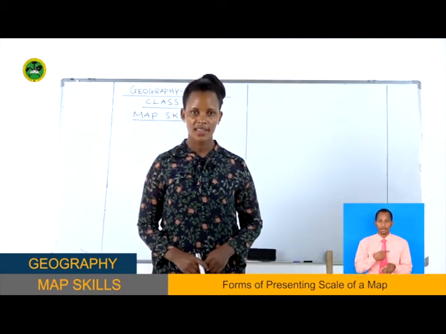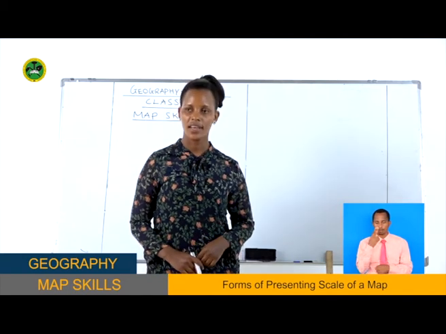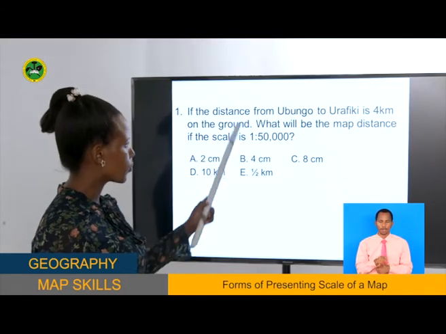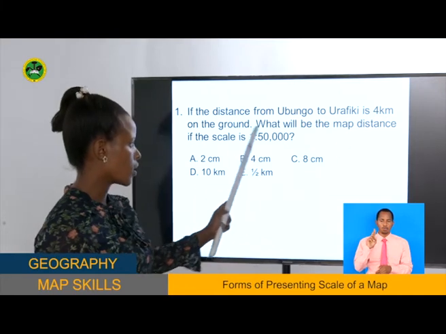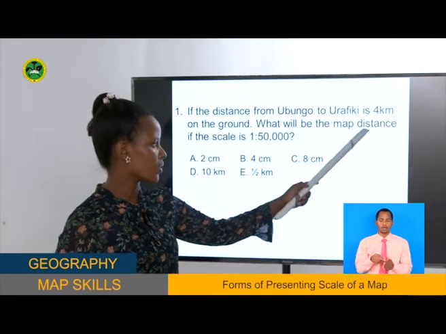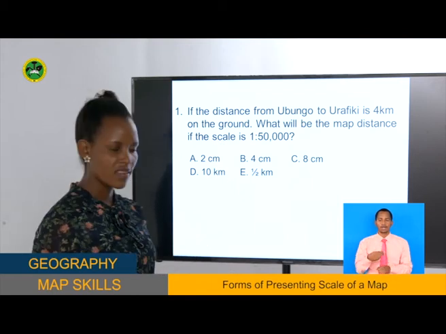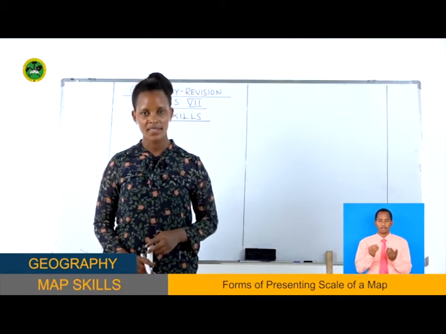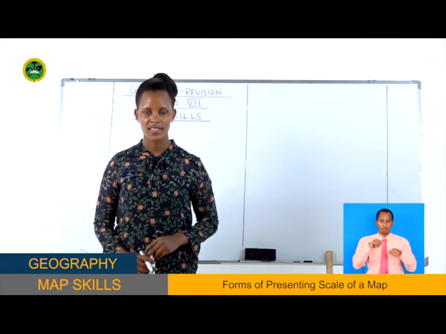Now let us see the question which may arise from what we discussed here. The question reads, if the distance from Ubungo to Urafiki is 4 kilometers on the ground, what will be the map distance if the scale is 1:50,000? Finding map distance, we have to take the formula of a scale.